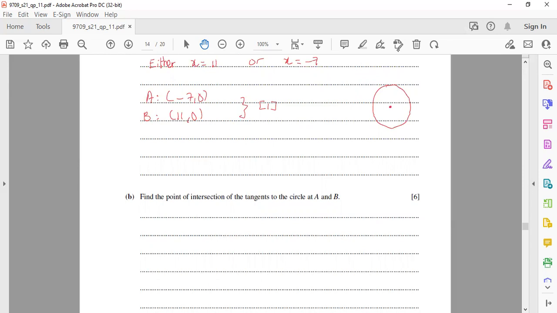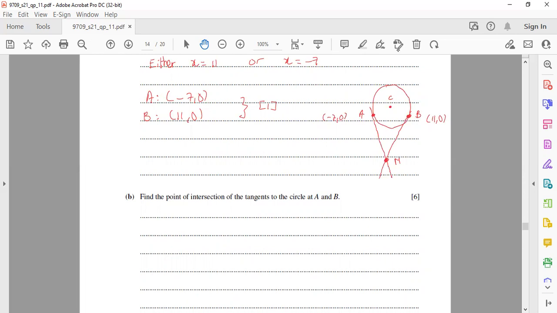Let's call its center C. And on the x-axis, let's say here, at points A and B, so minus 7, 0, and 11, 0. Yeah. So these form the tangent to the circle. You have two tangents here, one here and one here. And let's say this is the point of the intersection. Let's call it M of the tangent.